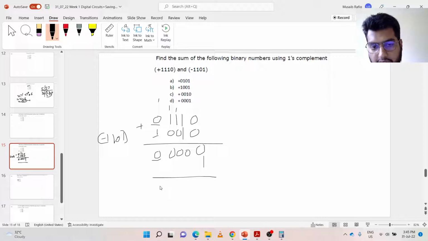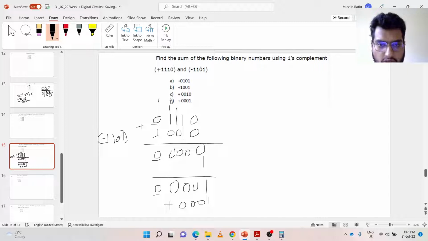So we have the number 0, which signifies the sign of the number, and then the final answer, that is 0, 0, 0, 1. This 0 means positive, so the final result will be 0, 0, 0, 1. So I think it's option D. Option D is our correct answer.